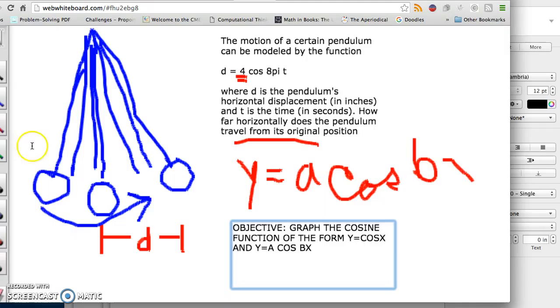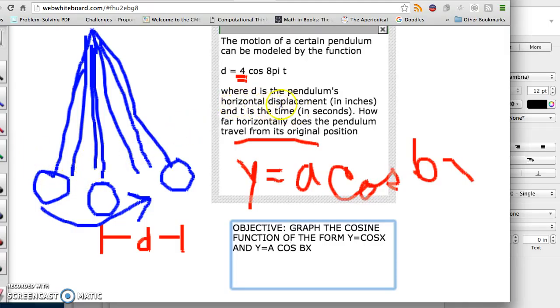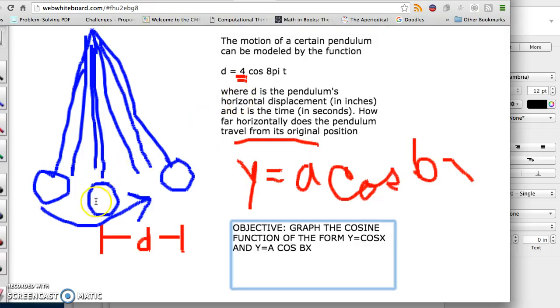Obviously, this doesn't look exactly like a sine wave. But what if I'm just measuring horizontal displacement? So I'm just measuring what is the x value of this thing. I'm ignoring the vertical and just saying the x value goes like this. Since I'm modeling that over time, I'm going to take the x value and put it on my y-axis.